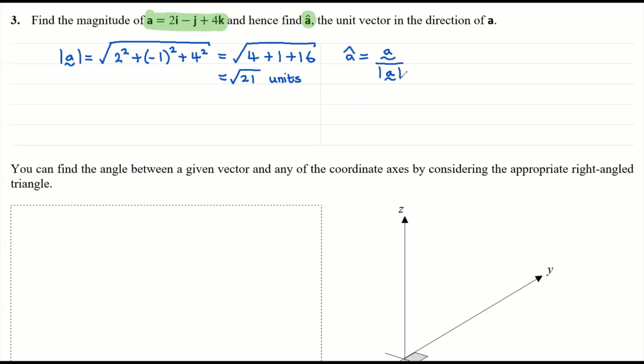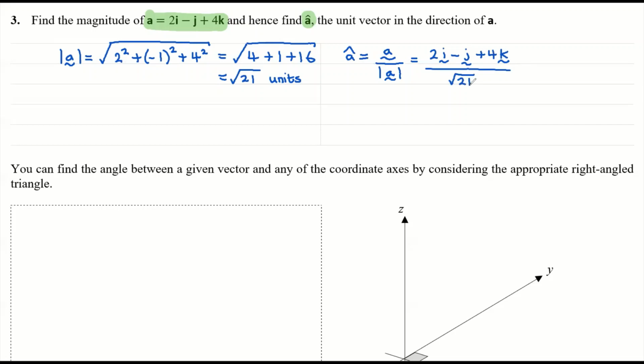Okay, so we can just write this down. So the vector A, which is 2i, subtract j, 4k added on. We divide the whole thing by what we've just discovered, which is the square root of 21.